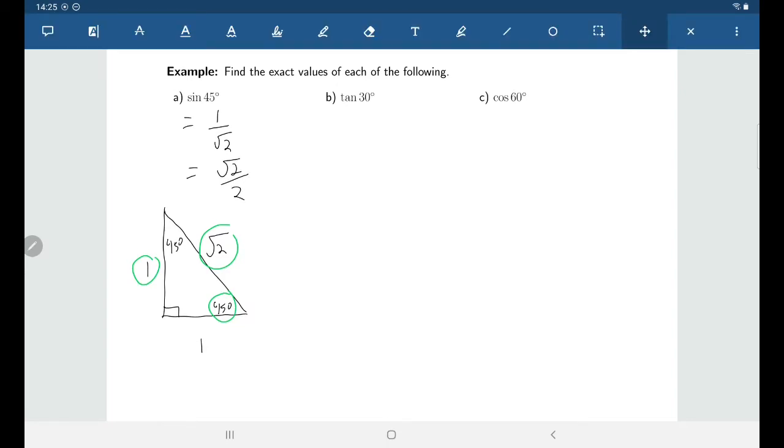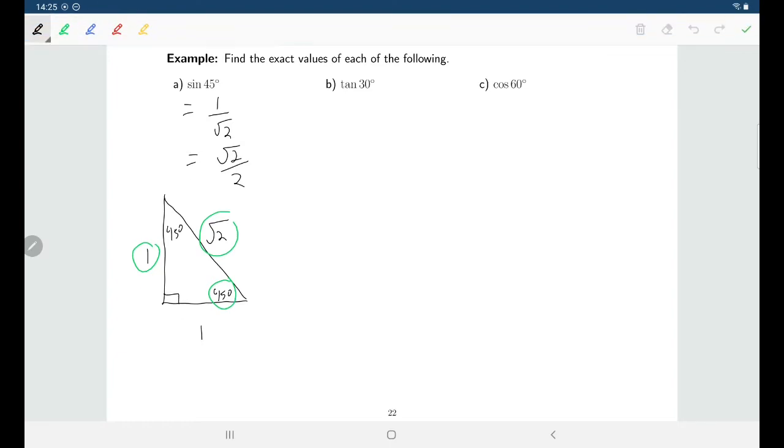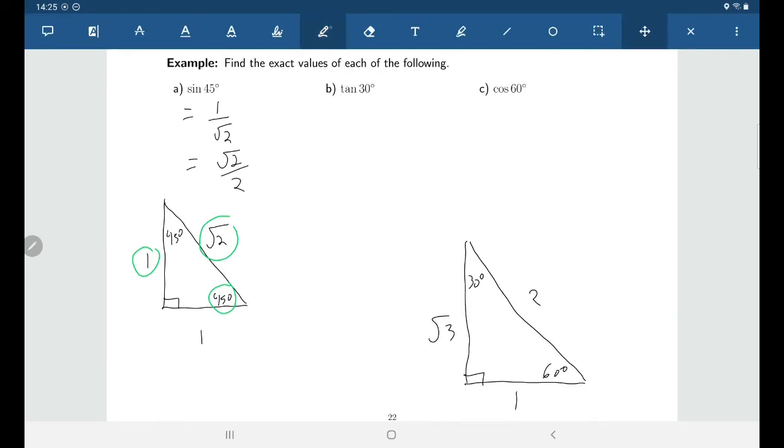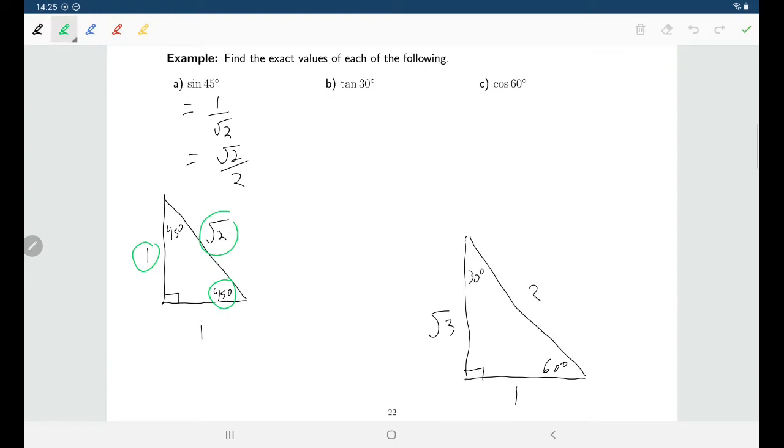For the other two parts, part B and part C, we're looking at angles that are 30 degrees and 60 degrees. For both of those, we're going to use the same triangle, the 30, 60, 90 triangle. Now if we're looking at tangent of 30 degrees, tangent is opposite over adjacent.